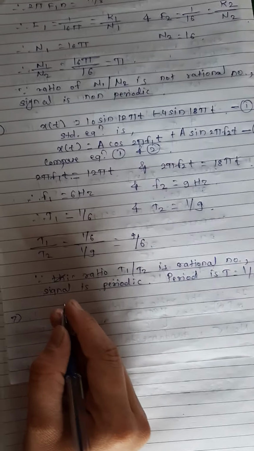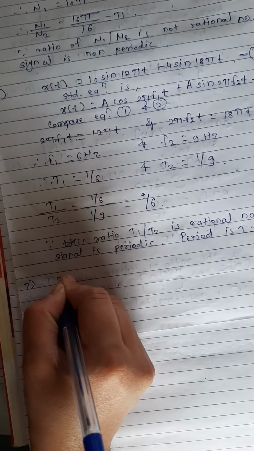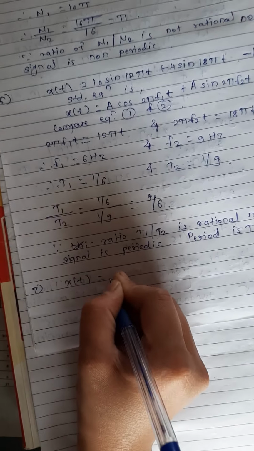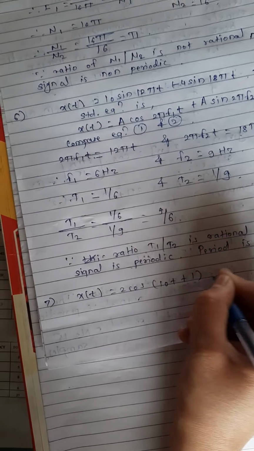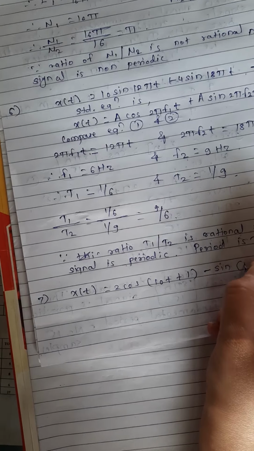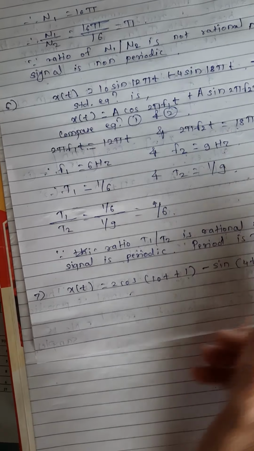Next problem: given x of t is equal to 2 cos of (10t plus 1) minus sine of (4t minus 1).